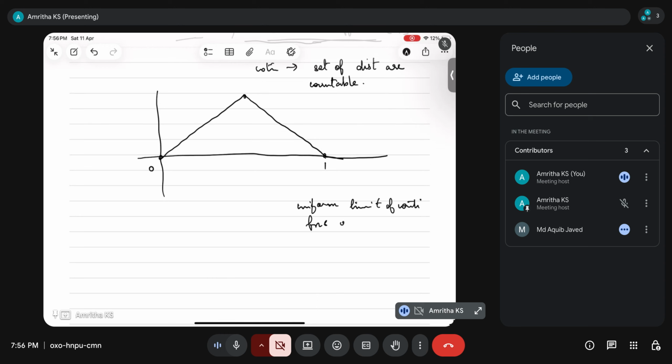This is continuous, right? Therefore, the uniform limit of continuous functions is continuous. So therefore, our f should be continuous, but not differentiable.